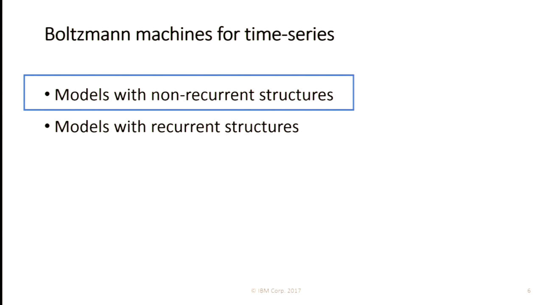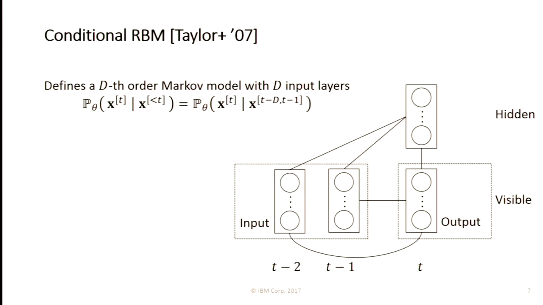So I'm going to start with a Boltzmann machine that has no recurrent structure, but that can represent time series models. One standard model of this type is called the conditional restricted Boltzmann machine. It is just a standard RBM, but it has an input part and an output part.